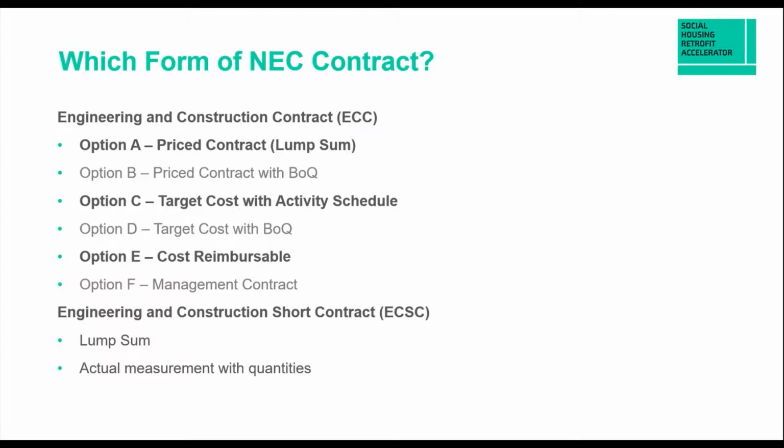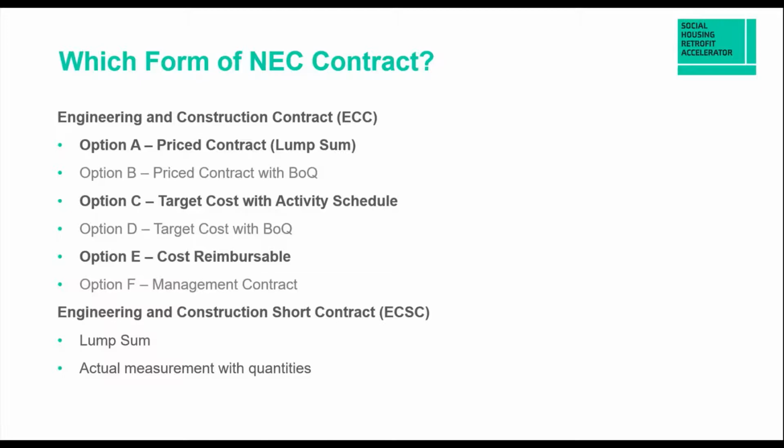So the contractor is incentivized against a target, and then a percentage is specified against that target in the event of underspend and overspend. And then you've got your option E, which is cost reimbursable, where the contractor is paid their actual cost with a percentage applied. So those are for the ECC.